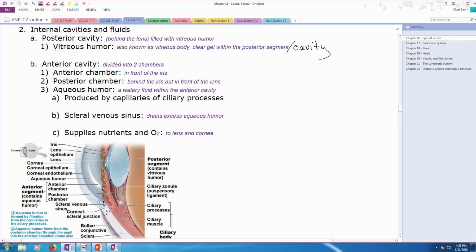It supports the eye shape, plus keeps the retina in place. Also supports the posterior surface of our lens.